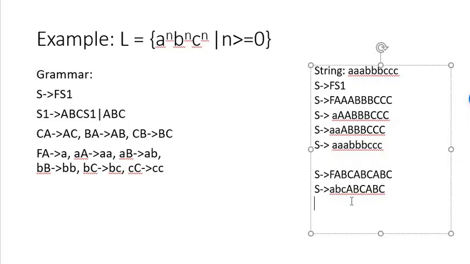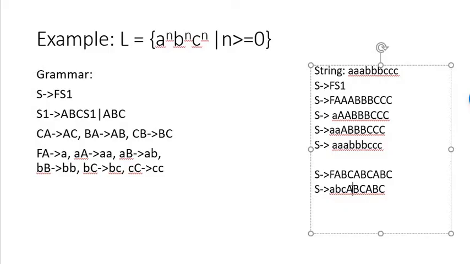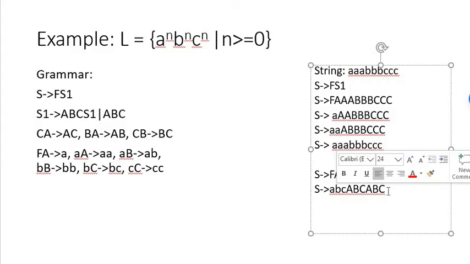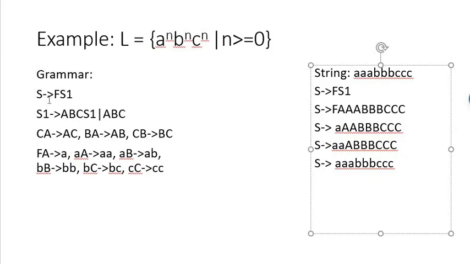It means this capital A will not be replaced by small a, and if this cannot be replaced by small a, we will not be able to generate further string, and hence generation of this wrong string will be stopped, and hence this is my correct grammar.